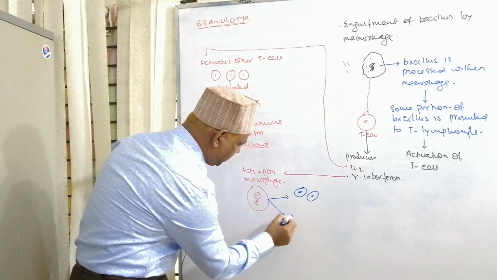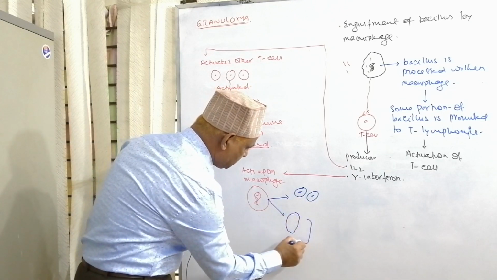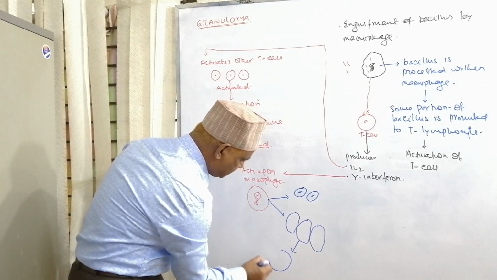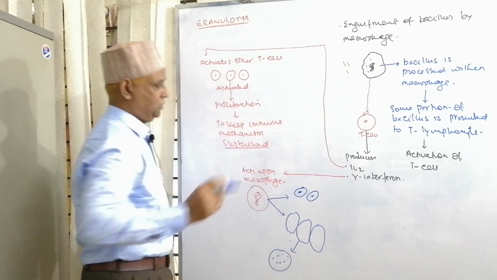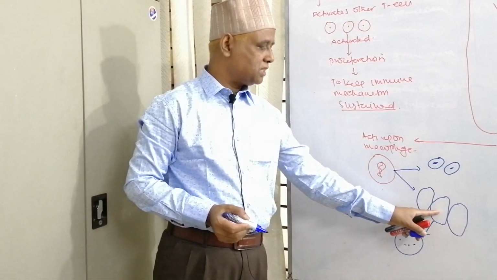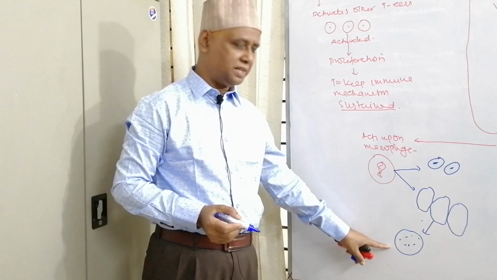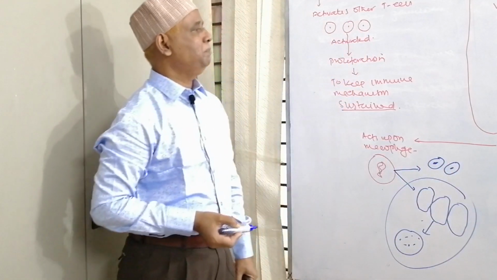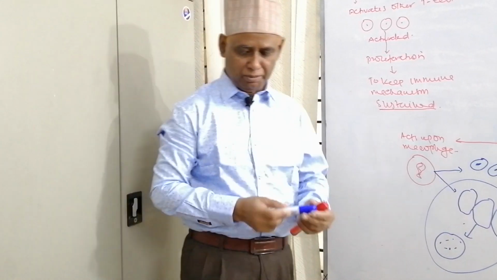And many macrophages fuse together and form a multinucleated giant cell. So a nodular collection of epithelioid cells, along with formation of giant cells, is the formation of granuloma. So this is the pathogenesis of granuloma formation.